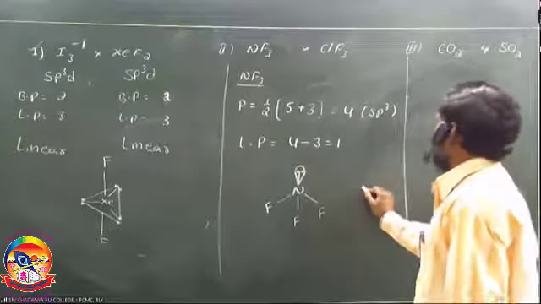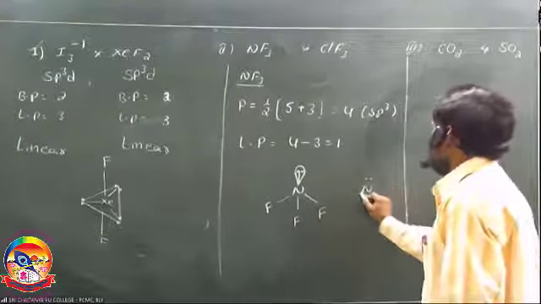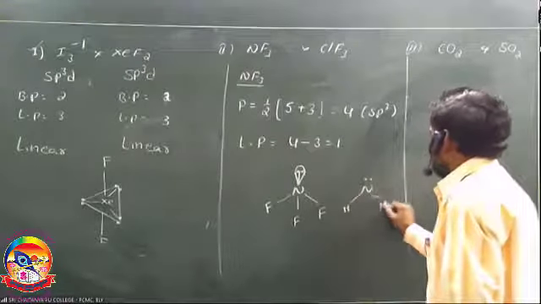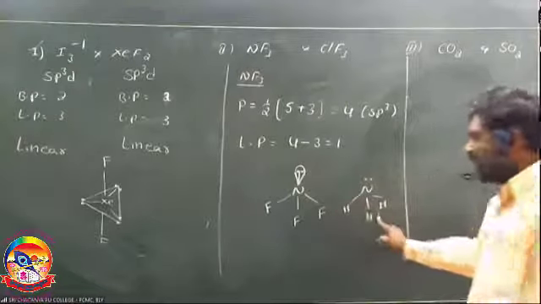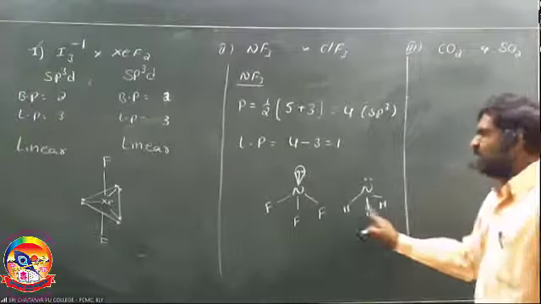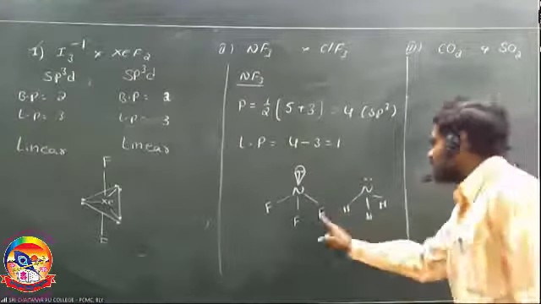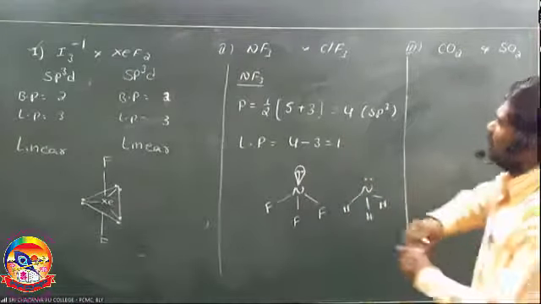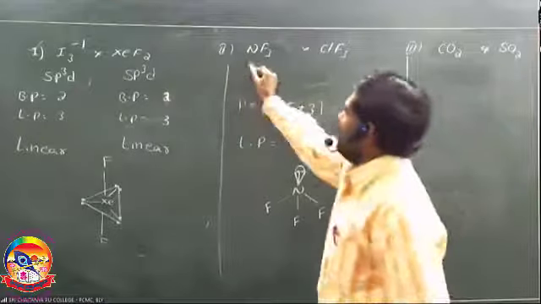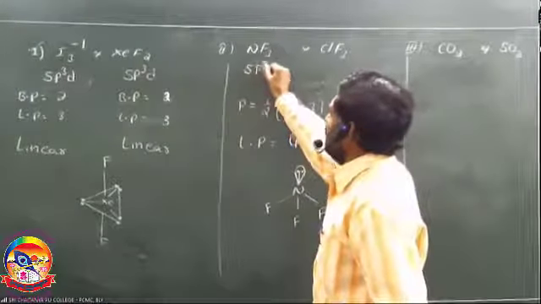It is like ammonia molecule. In ammonia, central atom of nitrogen has 1 lone pair. It forms 3 bonds. So what is the geometry of ammonia? What is the shape of ammonia? Pyramidal. So NF3 is also like ammonia, means pyramidal geometry. Okay. So in NF3, what is the hybridization? sp3 hybridization.